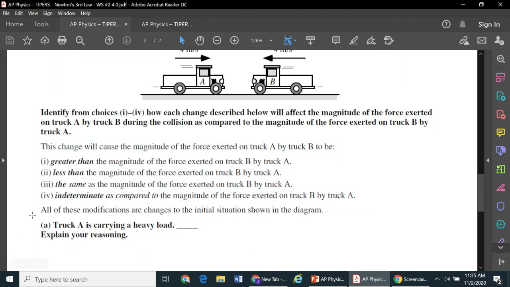So it says here that we've got truck A carrying a heavy load, and I hope everybody realized the really important way this question was asked.